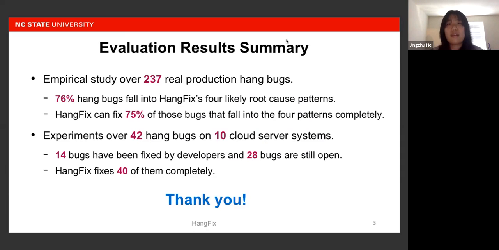Here comes our evaluation results summary. Our evaluation consists of 2 parts, an empirical study and an experimental evaluation. Our empirical study is done over 237 real production hang bugs. The results show that 76% of hang bugs fall into Hang Fix's 4 likely root cause patterns, and Hang Fix can fix 75% of those bugs completely.